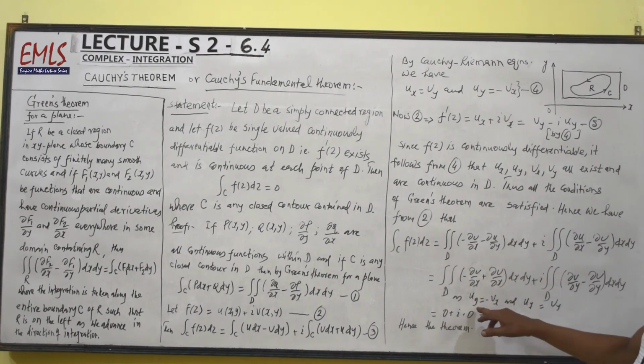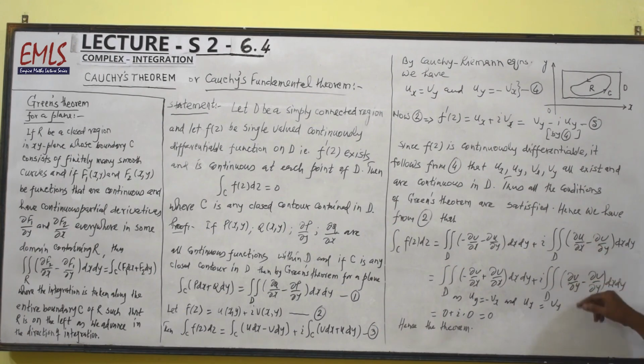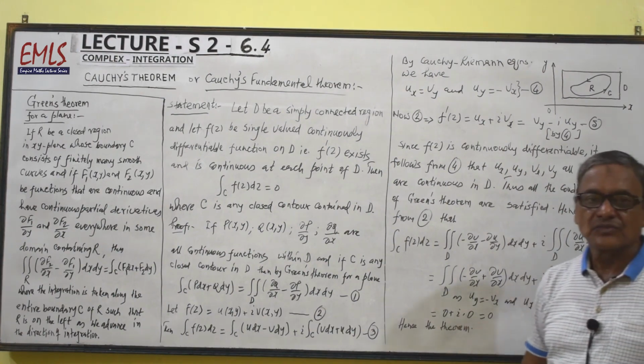This follows because u_y is equal to minus v_x, so the first term becomes minus del v/del x plus del v/del x, which is 0. And u_x is equal to v_y, so the second term is del v/del y minus del v/del y, which is 0. So this is 0 plus i times 0, that is equal to 0. Hence the theorem.